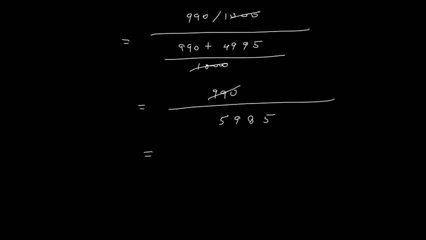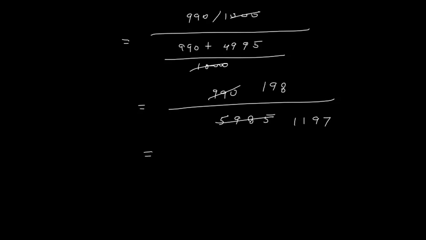So 5 ones are 5, 4, 49, 5 nines are 45, 45 plus 4 is 40, 5 eights are 40, and here 5 ones are 5, 5 ones are 5, 4, 48, 5 nines are 45, 3, 35, 5 sevens are 35. 198 divided by 1197. Now is this divisible by any other number?